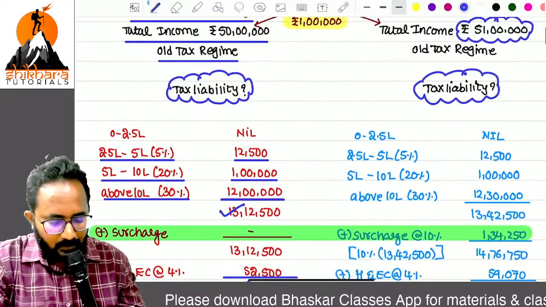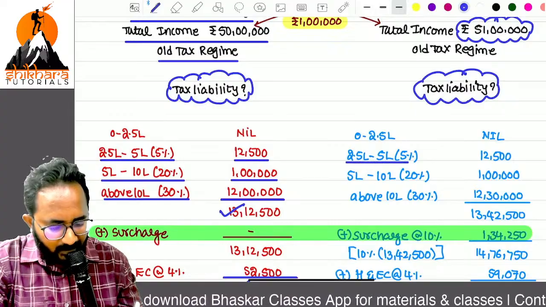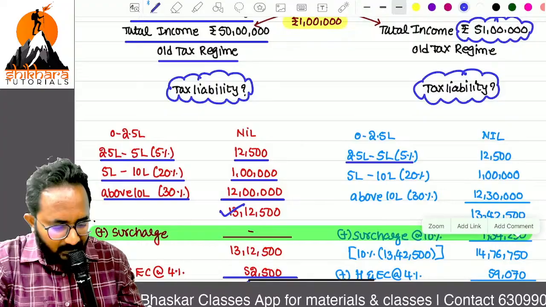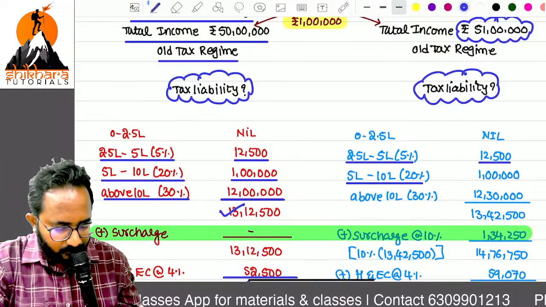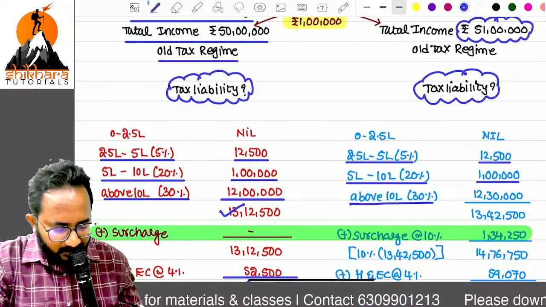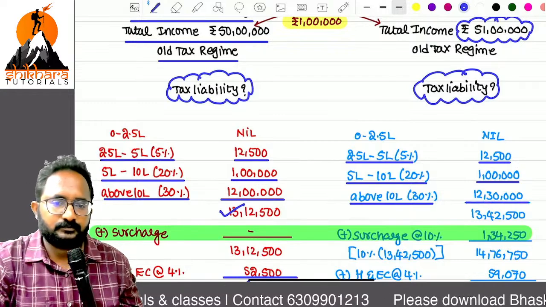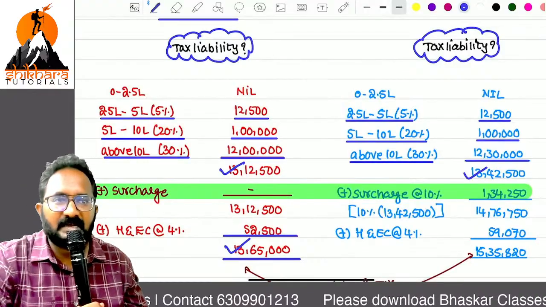Similarly, 2.5 lakh is basically exempt. 2.5 lakh to 5 lakh at 5%, 12,500. Next, 5 lakh to 10 lakh at 20%, that is 1 lakh. Next, above 10 lakh is 30%, that is 12 lakh 30,000.